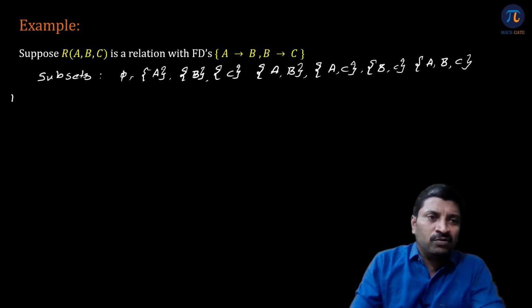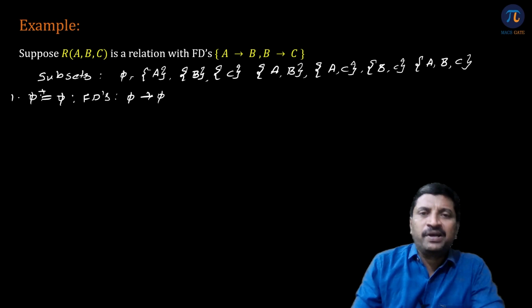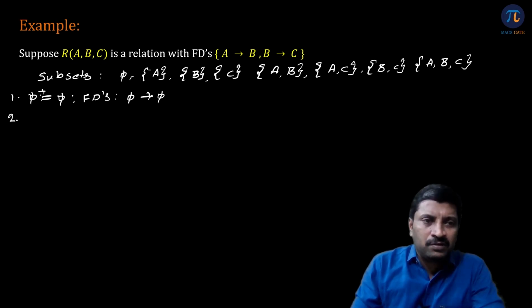Clear, sir? Now what is the first one? Empty set. What is the closure of empty set, sir? Empty. So the one and only functional dependency possible is phi implies phi.